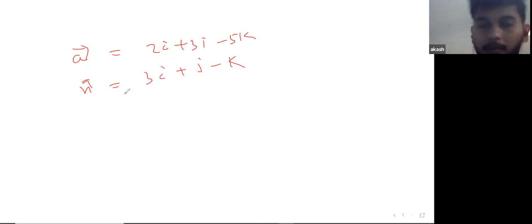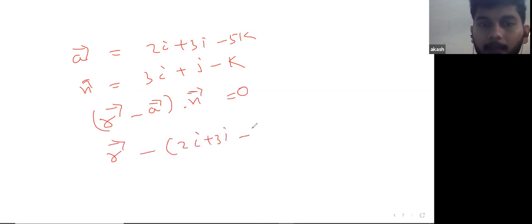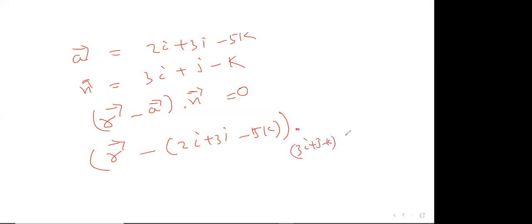We know the equation of the plane as (r minus a) dot n equals 0. Just substitute: (r minus (2i plus 3j minus 5k)) dot n, where n is 3i plus j minus k, equals 0. You can open the brackets.